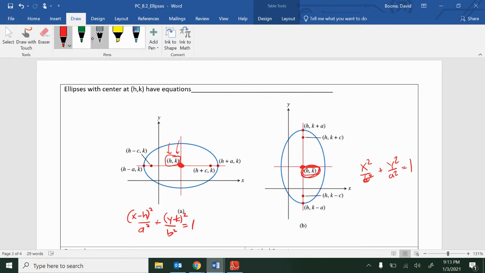So our equation would be x minus h, the opposite of that, moving to the right h. Again, x is the short, the minor axis, plus y minus k squared over a squared equals 1.